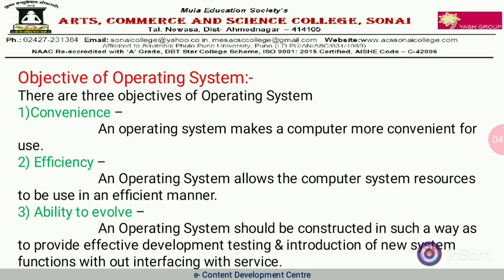Third, ability to evolve. An operating system should be constructed in such a way as to permit effective development, testing and introduction of new system functions without interfering with service. These are the objectives of operating system.